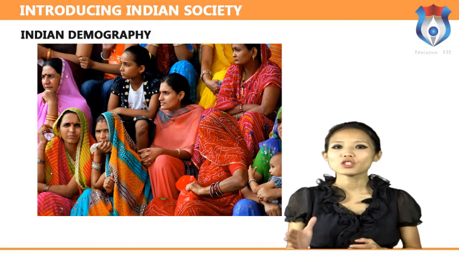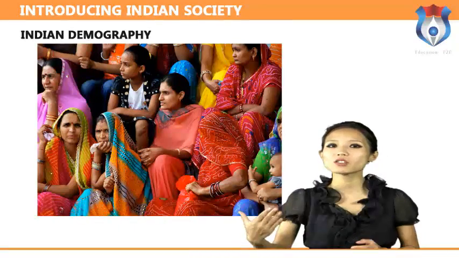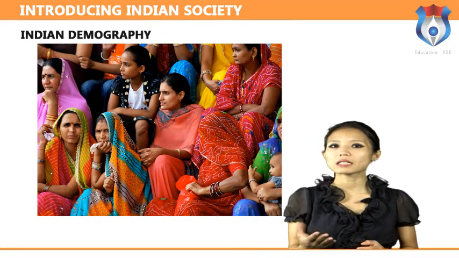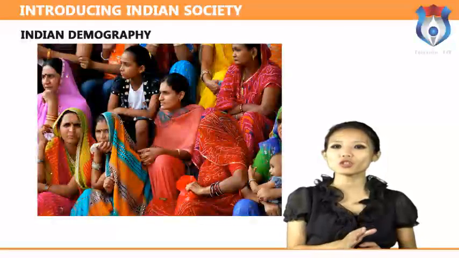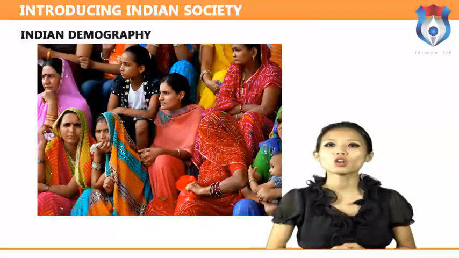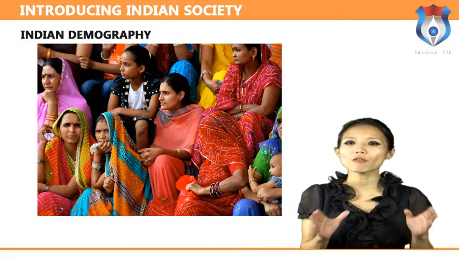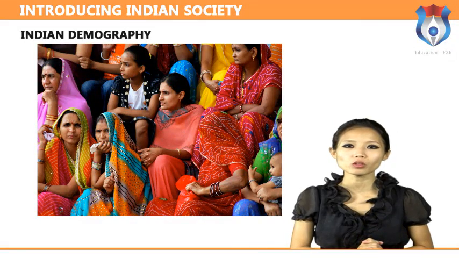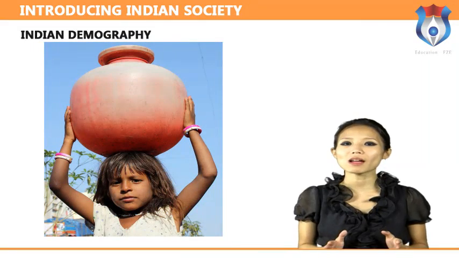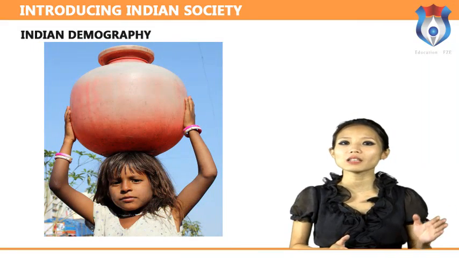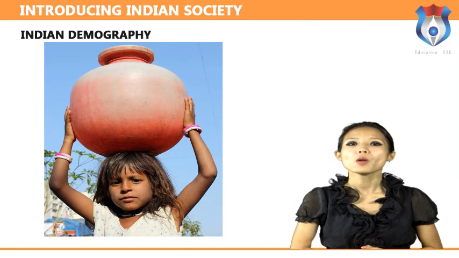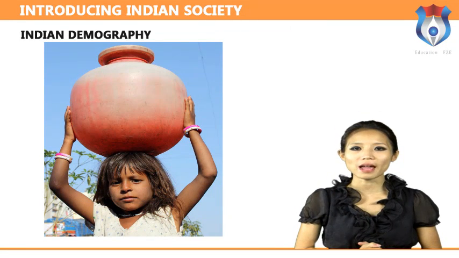The gender composition and rural-urban distribution of population indicate a relatively smaller proportion of female population and continuing preponderance of rural population in India's total population. These two characteristics are related with the decline in the gender ratio and slower process of migration and urbanization.